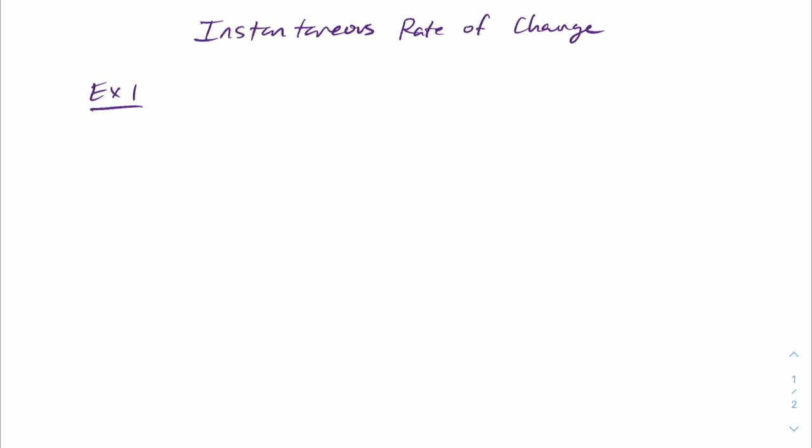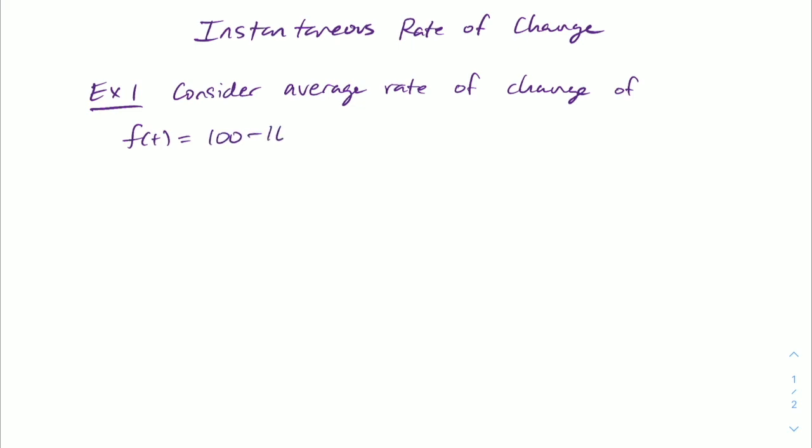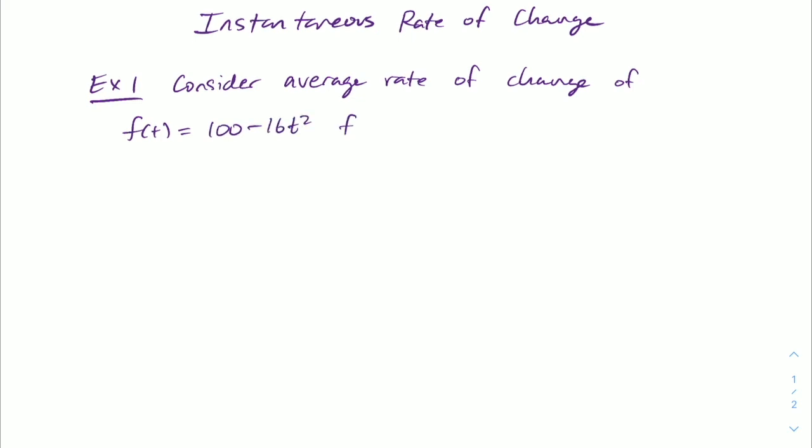We're going to consider the average rate of change, something we've talked about before, of the function f of t equals 100 minus 16t squared for t equals 1 to t equals b, as b gets closer and closer to 1.